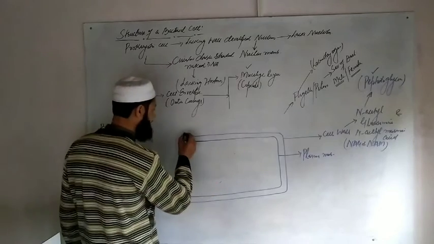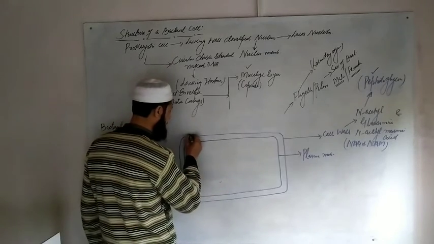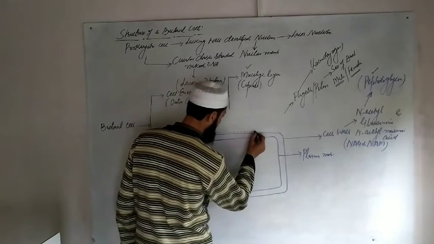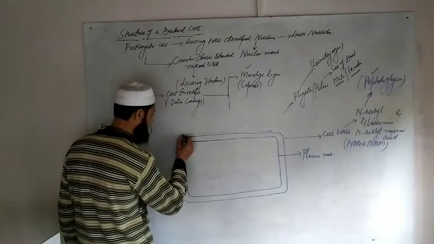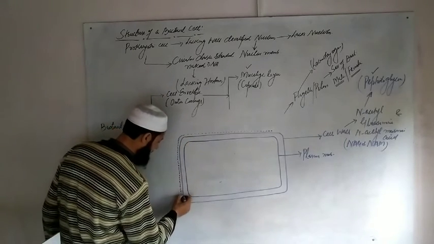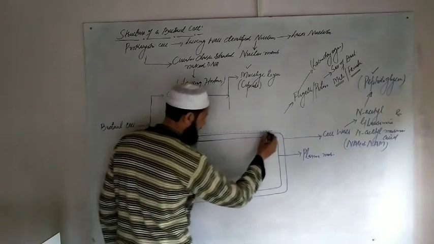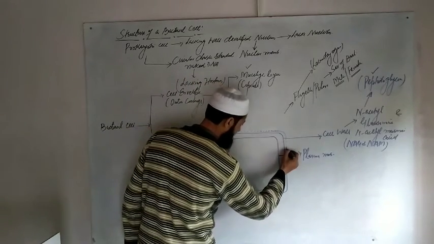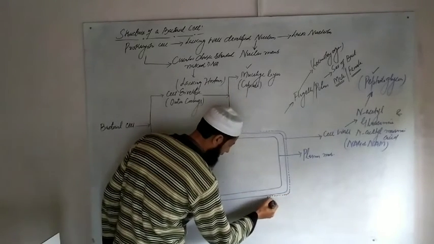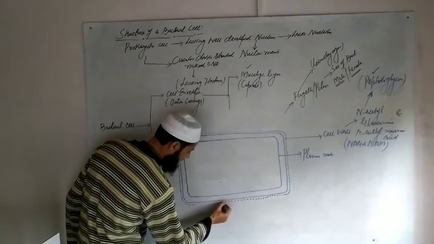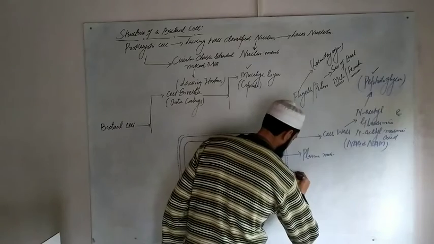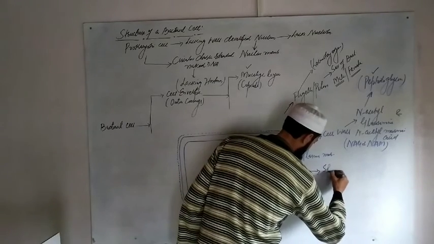Then in some bacteria, outside the cell wall you have a thin and loose layer in the form of a slime layer. It provides extra support to the bacterial cell.